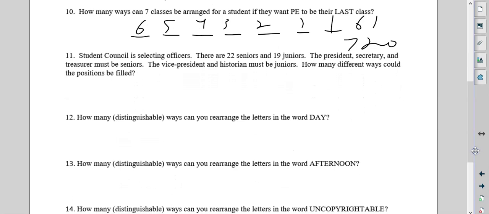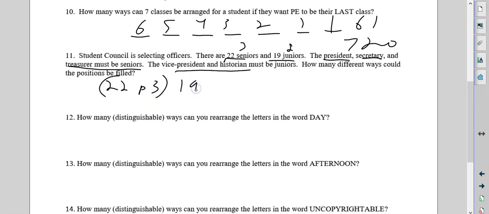Student council selecting officers. There's 22 seniors and 19 juniors. The president, secretary, and treasurer must be seniors. So there's 3 spots that must come from the senior group. Vice president, historian must be juniors. So there's 2 spots that come from there. How many different ways can they be filled? Well, there's 22 seniors, it's ranking, and there's 3 spots.